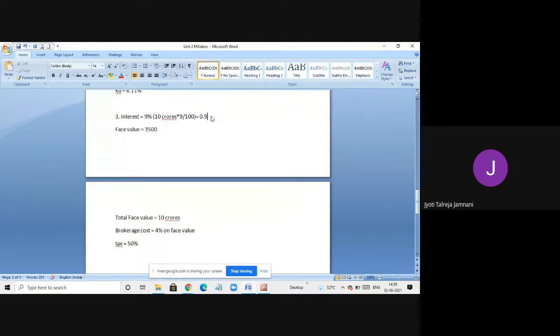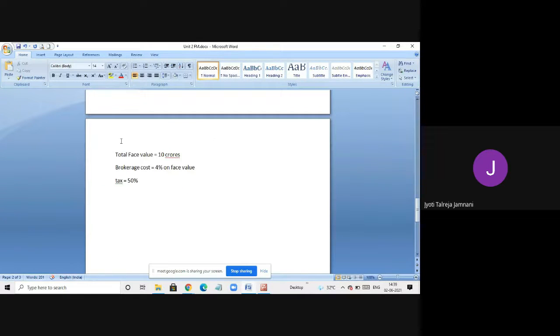Do you want me to take all the zeros, or is it okay if I take 10 and solve? Okay, we'll take 10 and solve. So we get interest as 0.9. Then brokerage cost, they're saying 4% on face value. So we'll take 4% on 10 crores. We'll get it as 0.4, which is nothing but 4 lakhs.